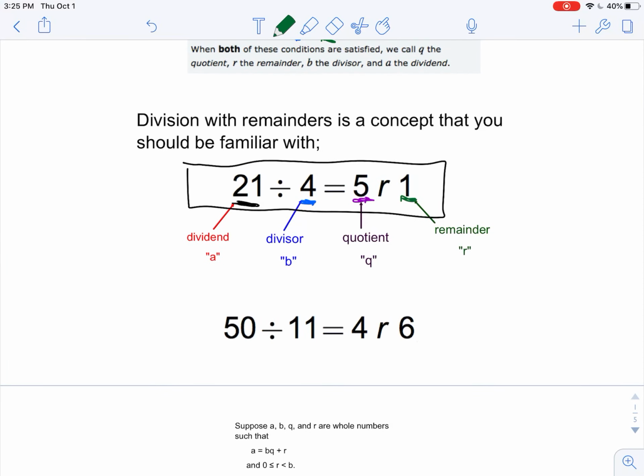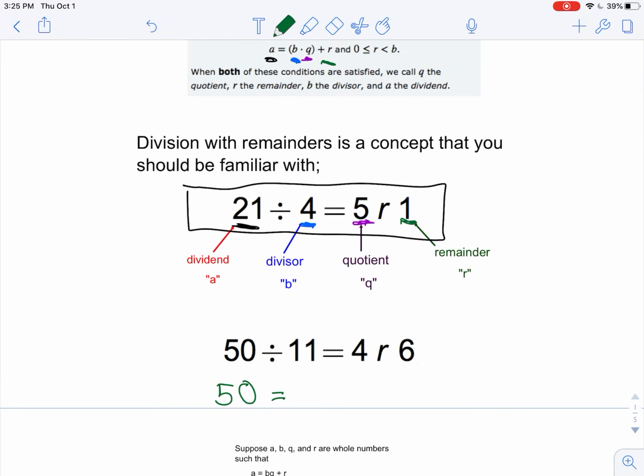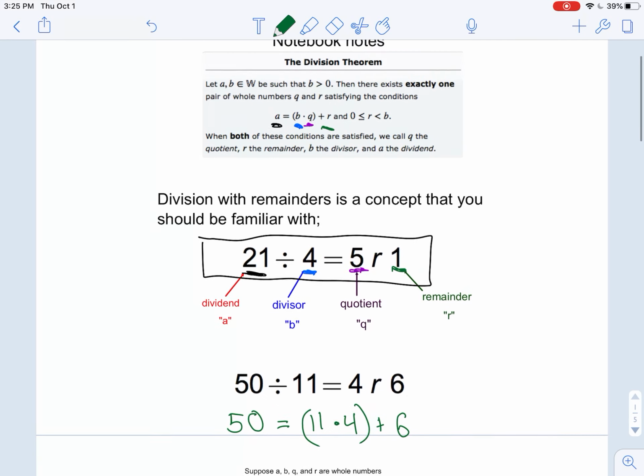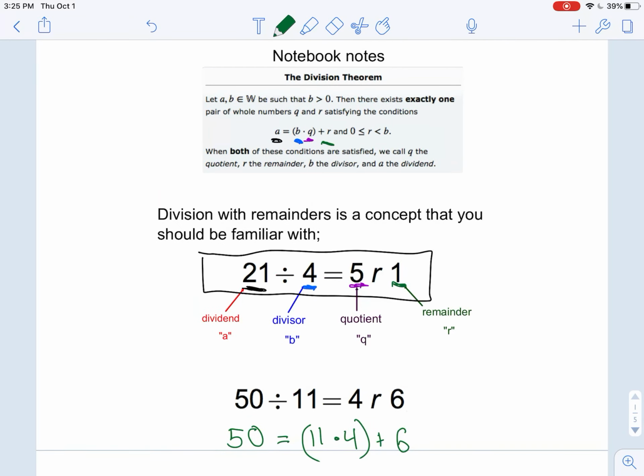So if I have 50 divided by 11, it equals 4 remainder of 6, which is to say that 50 can be written as 50 equals 11 times 4 plus 6. Oops, I wrote 4, I meant to say 6. There we go. Now you say, there's got to be a number of ways to write 50.